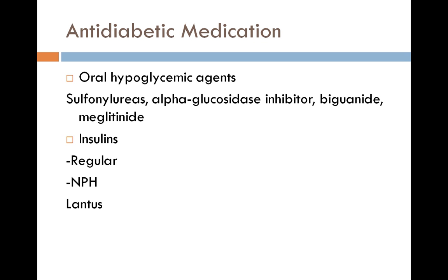Our type 1 diabetics don't have that pancreatic release of insulin, so we can't use oral hypoglycemic medications with type 1 diabetics because the pancreas does not function properly for them. Our type 2 diabetics, we know that the pancreas may still have some function, and so the oral hypoglycemic medications are going to play on that function that the pancreas still has.